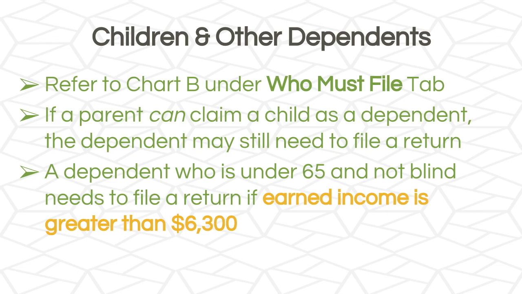And we know that's definitely not the case. So, in one instance, a dependent who's under 65 and not blind will need to file a return if their earned income is greater than $6,300. And then Chart B will also break down scenarios for unearned income as well and different demographics of dependents.